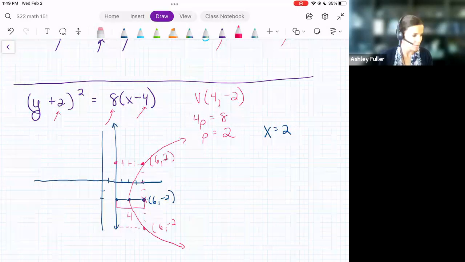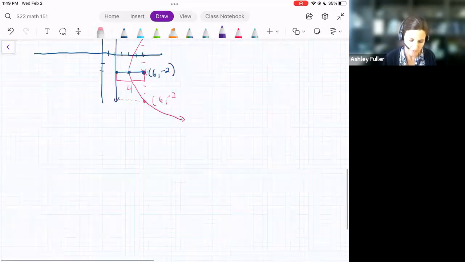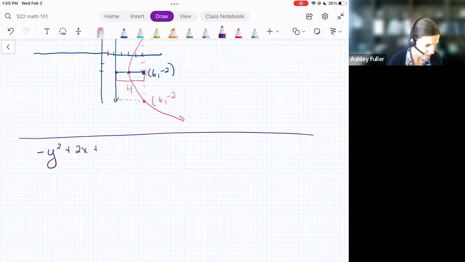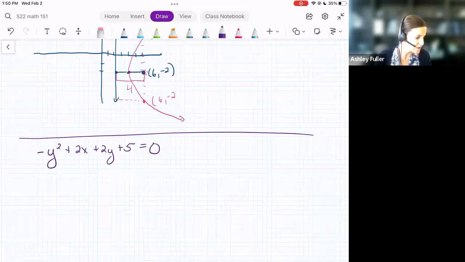As a second example, let's look at one that does not begin in standard form. So for example, if I have negative y squared plus 2x plus 2y plus 5 equals 0. First of all, I know that this is still going to be a horizontal parabola since it is a y squared term.